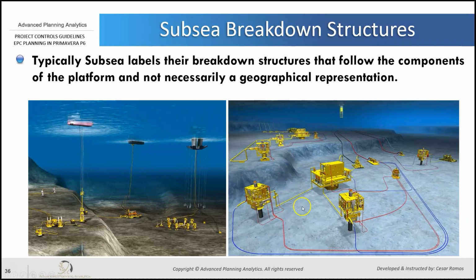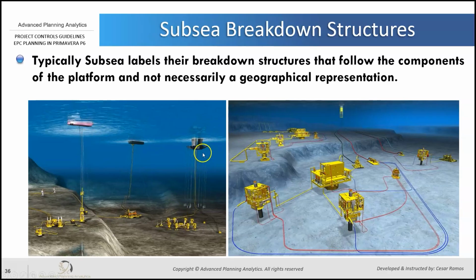Instead of valves or things like that, they have terminology called PLETs, PLEMs, wet trees, and dry trees. If it's a dry tree, that means there is sufficient pressure in the well that the pump, if you will, resides on the top side of the platform, and it just assists the oil or product to get pumped up the lines into the tankers or the platforms.